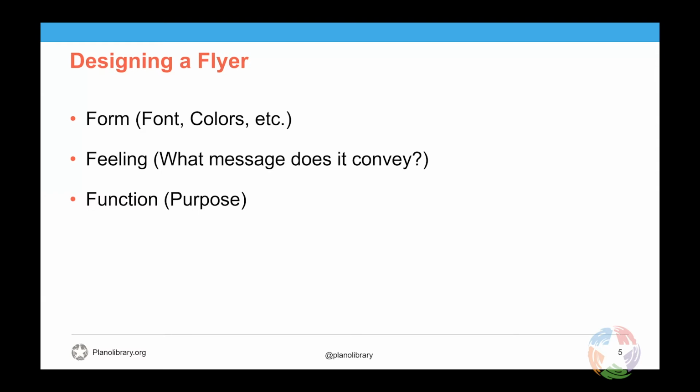So I'll show some examples and I kind of explain more what I mean by that, but just as a short kind of description there, if you're inviting people to a yoga studio, you don't necessarily want to have the colors red and yellow there. That conveys a different message than using something like purple or blue, which is more calming and relaxing. So again, we'll get into that as I jump into the software and show you different designs that you can do. Do we have any questions so far?